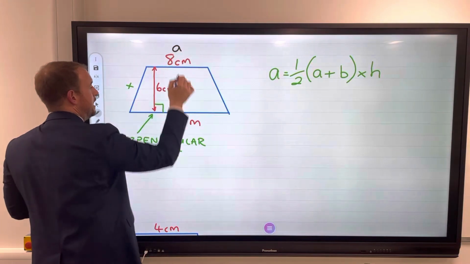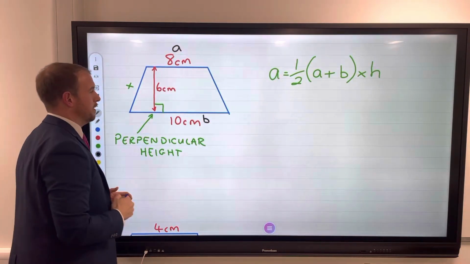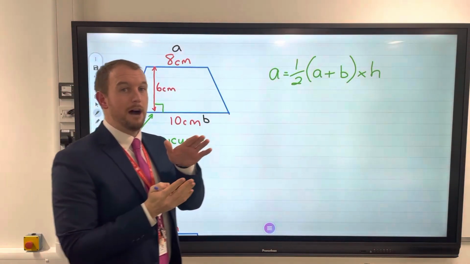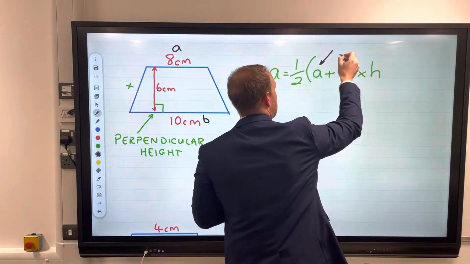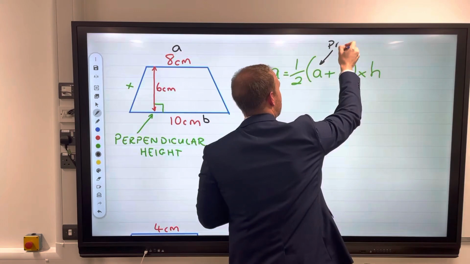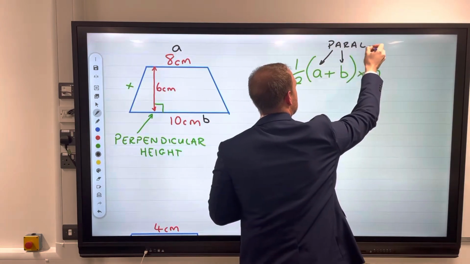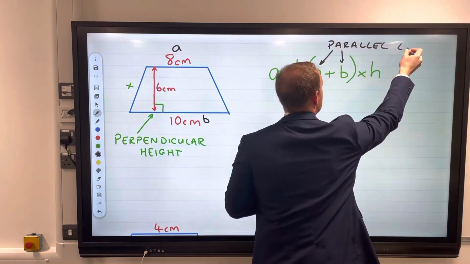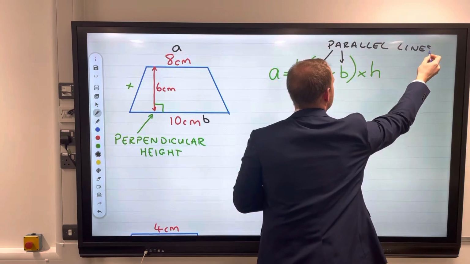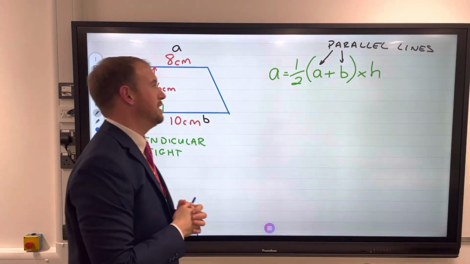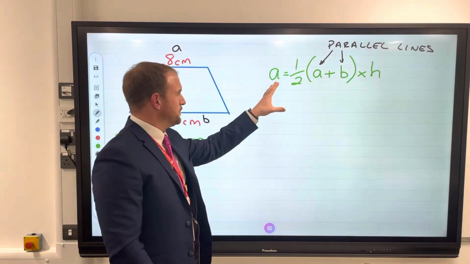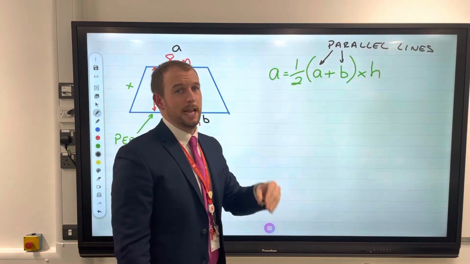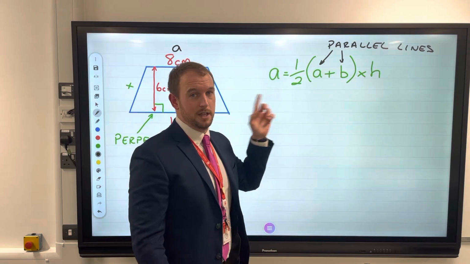This is the A, this is the B. So our pair of parallel lines are the A and B. Just put a little note here: A and B are our parallel lines. H stands for height, that perpendicular height. So that's our formula.